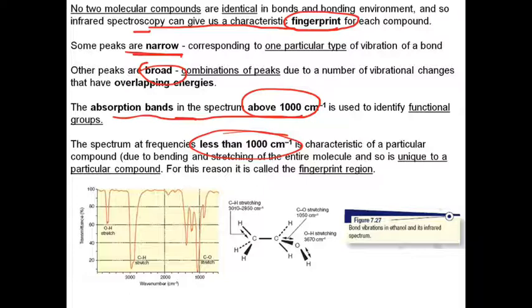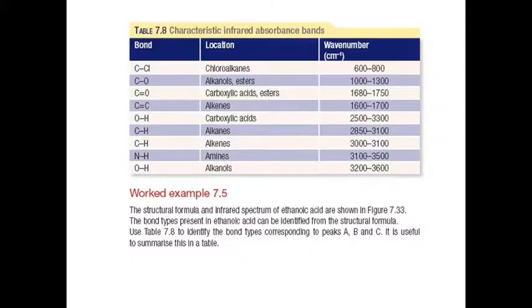We don't even consider the fingerprint region in any of the work that we do in chemistry. We just basically confine ourselves to the functional group part of it, which is above 1,000 wave numbers roughly. Okay, now by the way, your data book that you use for the exam will have typical wave numbers for various functional groups, and this is something akin to what you might see in your data book.